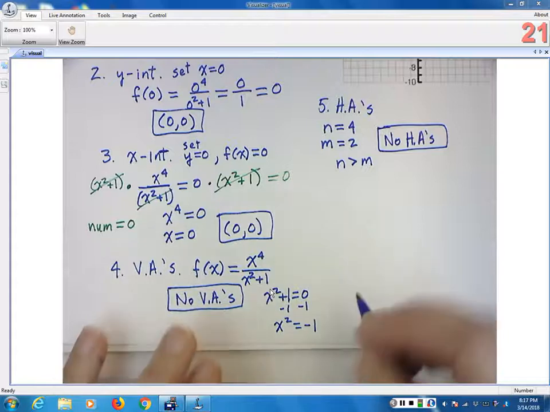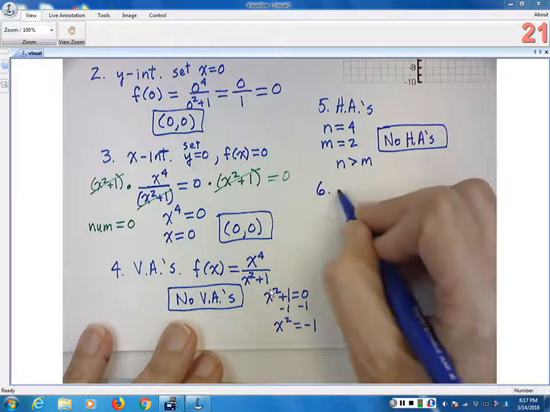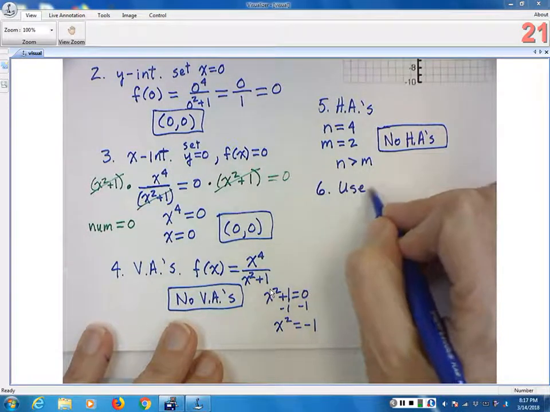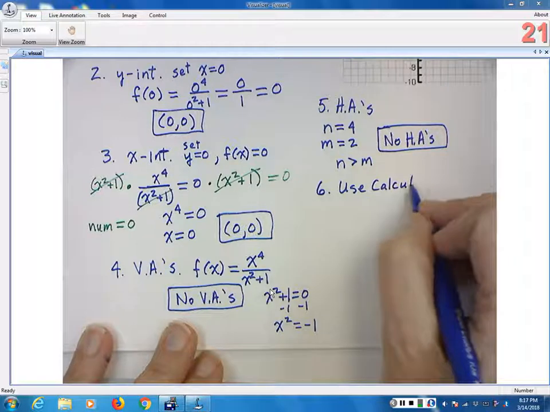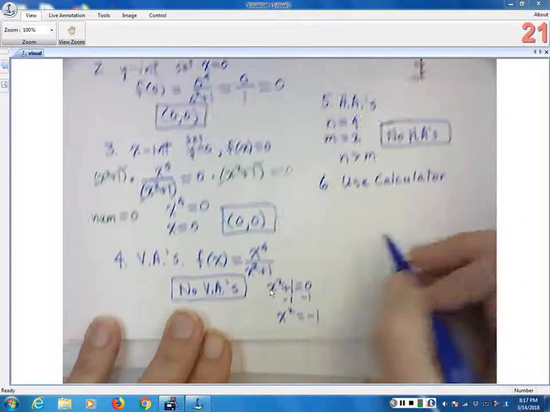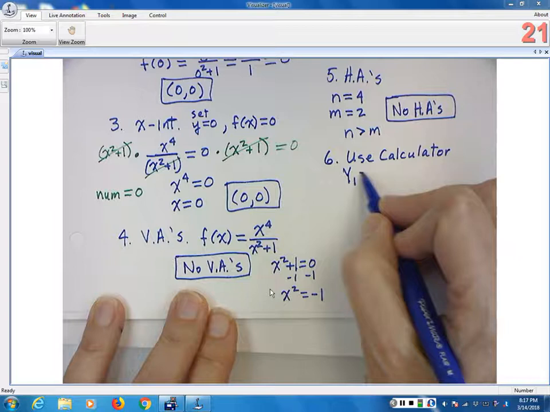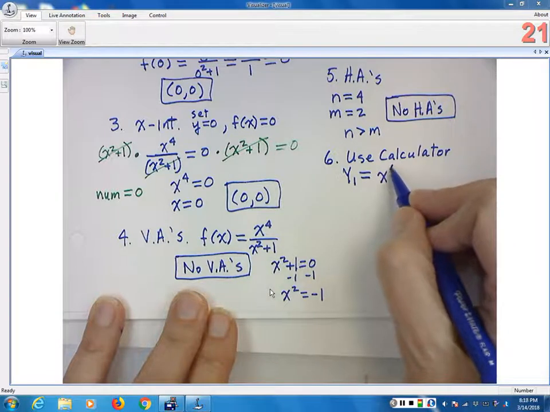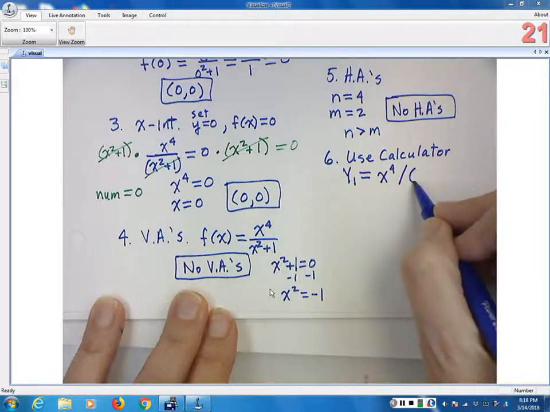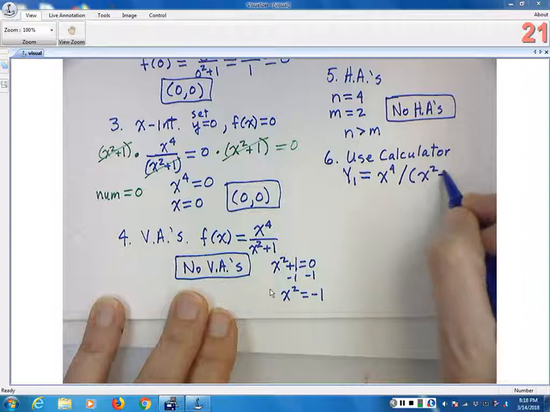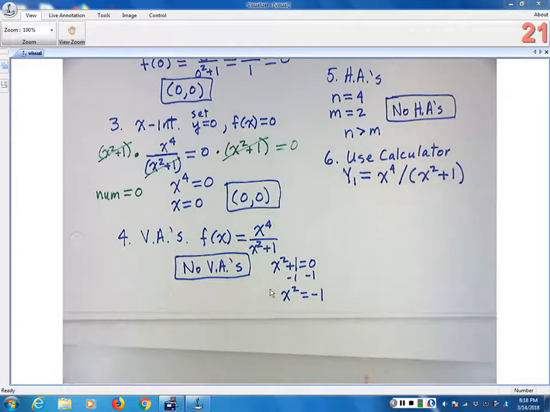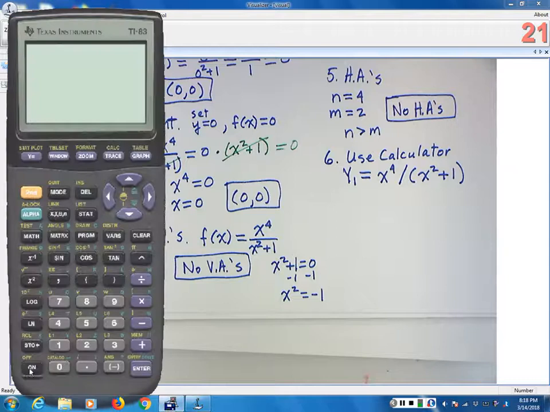Step 6, we're going to use our calculator. So y1 equals x to the 4th divided by parentheses x squared plus 1. And you do need those parentheses. Okay, so we're going to use the calculator.